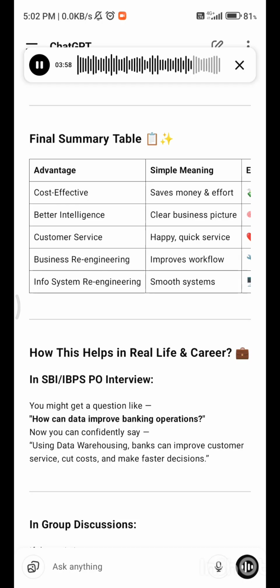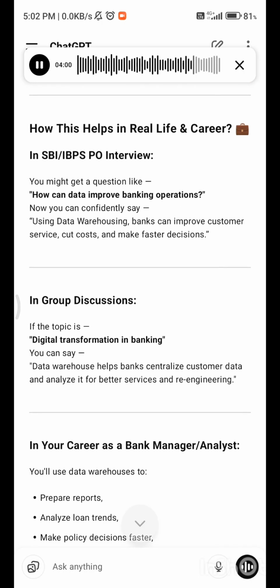How does this help in real life and career? In an SBI IBPS PO interview, you might get a question like, how can data improve banking operations? Now you can confidently say, using data warehousing, banks can improve customer service, cut costs, and make faster decisions.